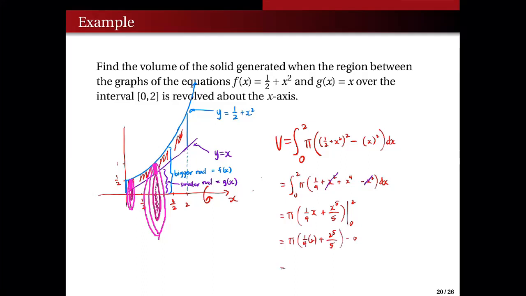So we will have pi times 1/2 plus 32 over 5. If we simplify this, we have pi over 10 times 5 plus 64. So this is equal to 69 pi over 10. This is the volume of that solid.